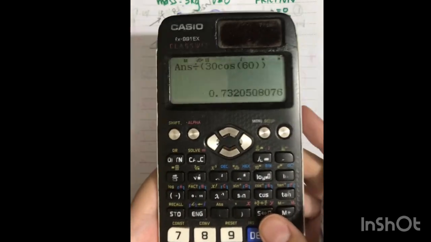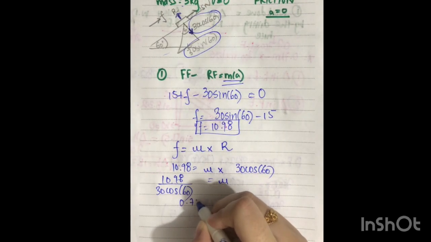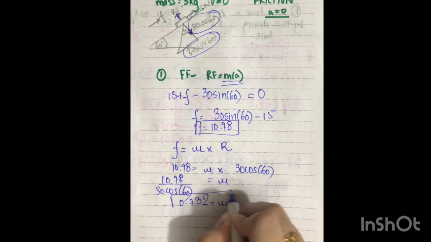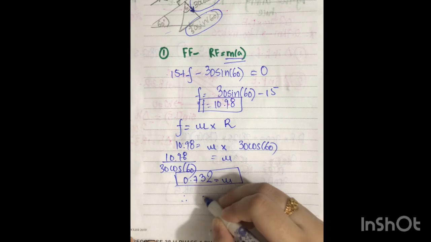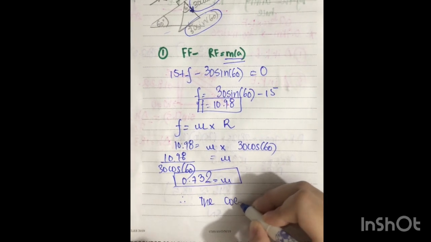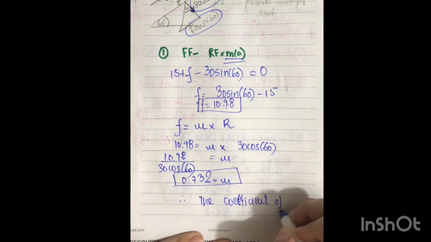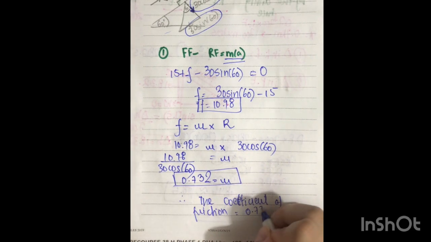The coefficient of friction is 0.732, so mu equals 0.732. So we can write it down. The coefficient of friction is equal to 0.732.